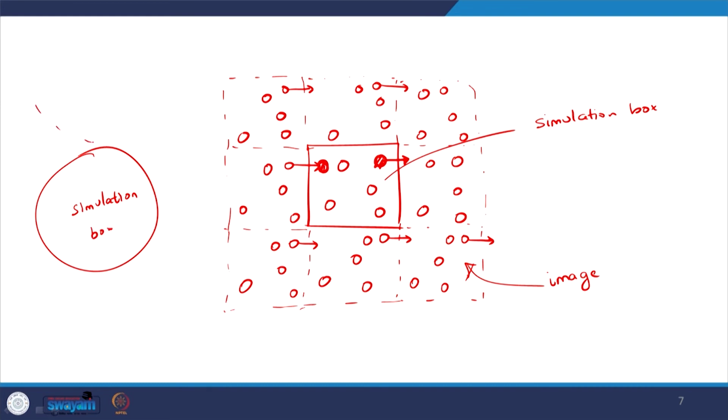So, you will have images on all sides, but you will also have regions of some kind of a void that has no physical meaning. What if a molecule happens to go here? What will we do with those molecules? It is neither the simulation box nor its image. So, the periodic boundary condition will not work in that situation.